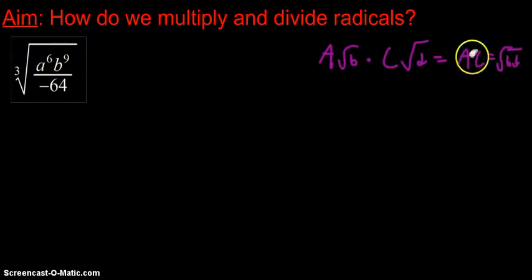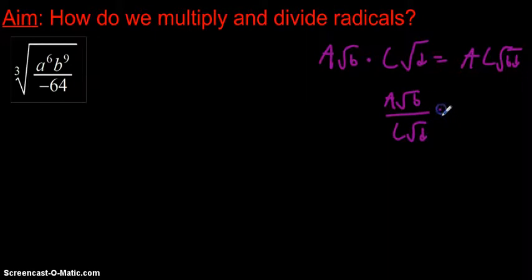I made a small typo here. But the same rule applies for division. So if we had radical a over b divided by radical c over radical d, we would get ac and radical b over c. And the important point here is that we can actually separate these into their own radicals.